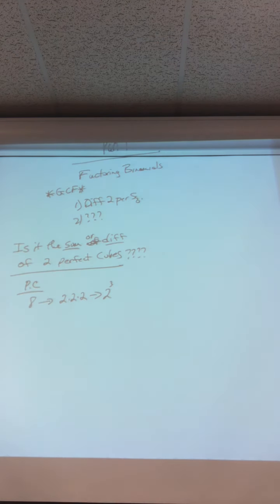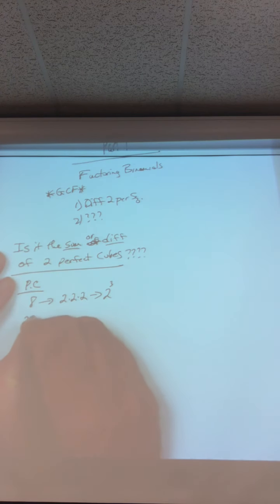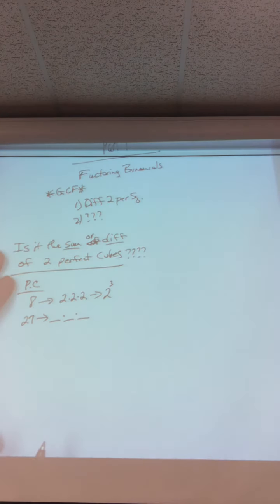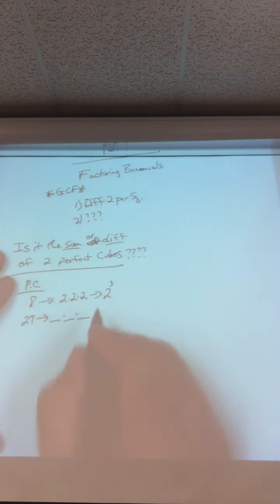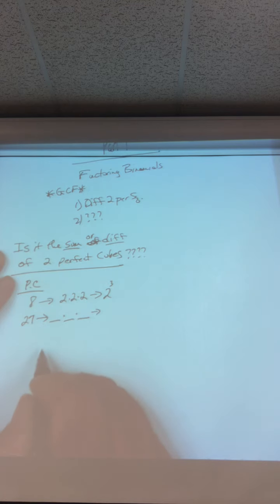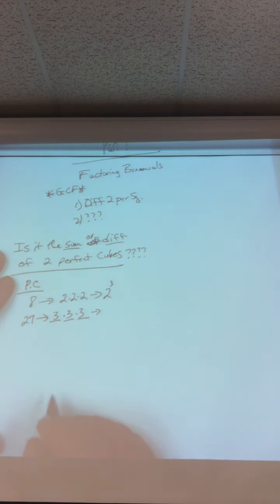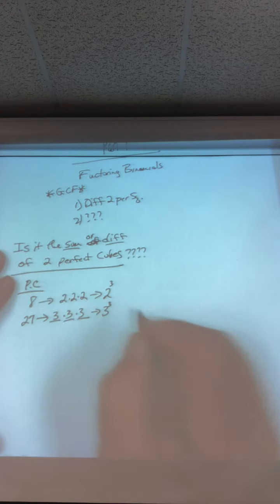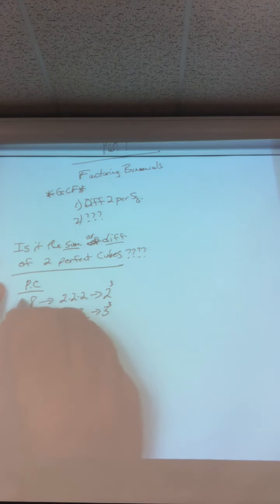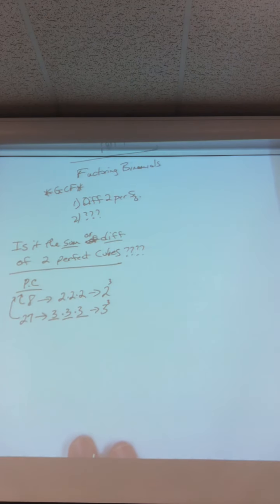Let me show you some others. 27. Can you say something times itself 3 times and get 27? Yes. 3 times 3 times 3. Or you could write that 3 cubed. So 8 is a perfect cube. 27 is a perfect cube.